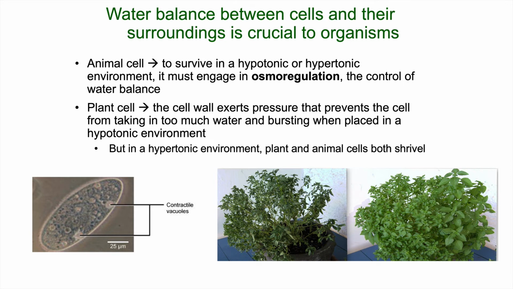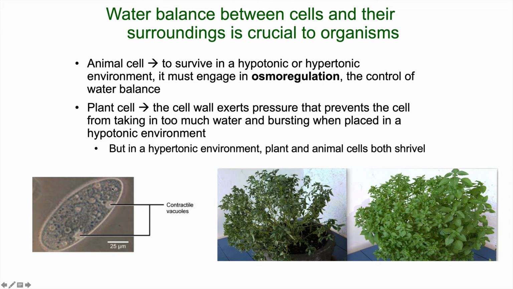Again, cells very much need to balance the water balance between what's inside the cell and what's outside. This is called osmoregulation. And we do this on the whole body level. This is what our kidneys do, okay? But at the cellular level, there are single-celled organisms like this paramecium that have structures called contractile vacuoles.